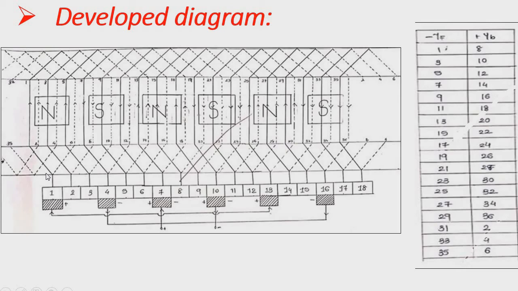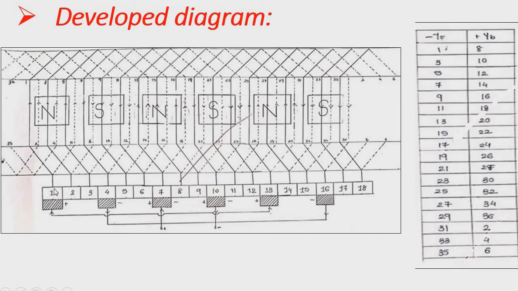Now, by completing these pole positions, it's time to provide commutators. So the first coil is completed like this, and this is the main connection for coil number 1.